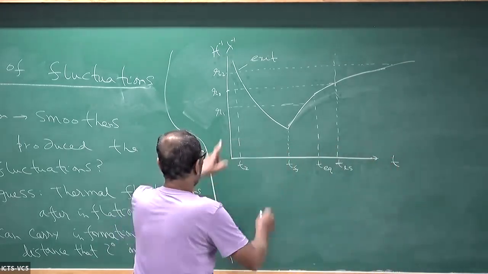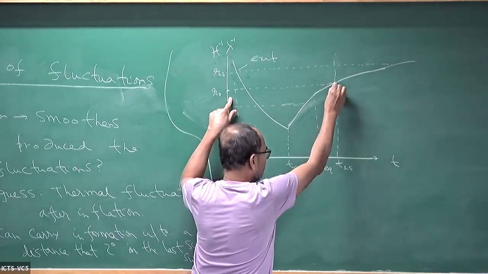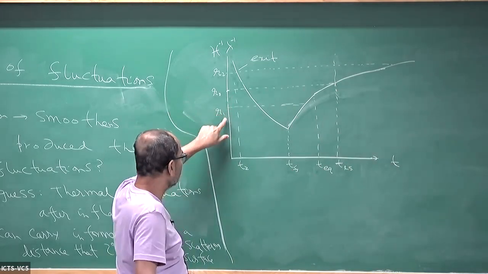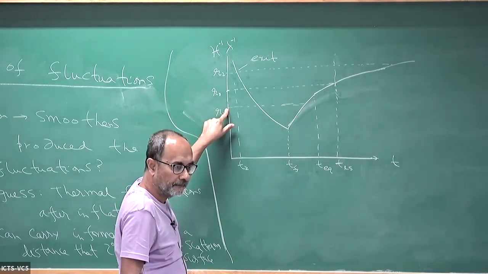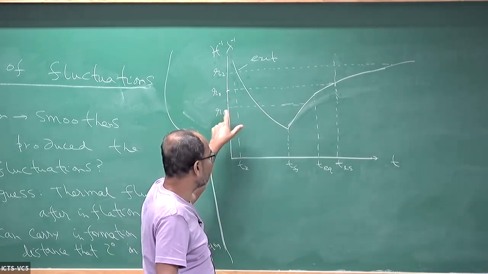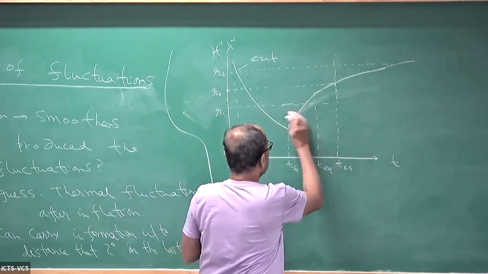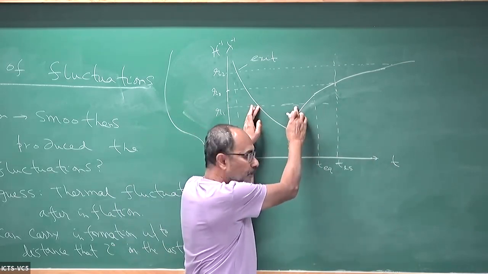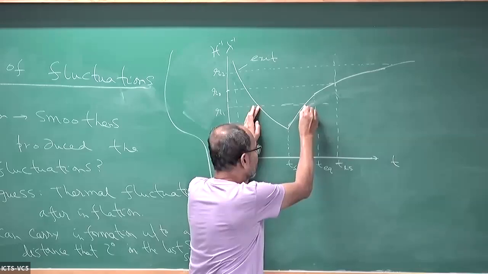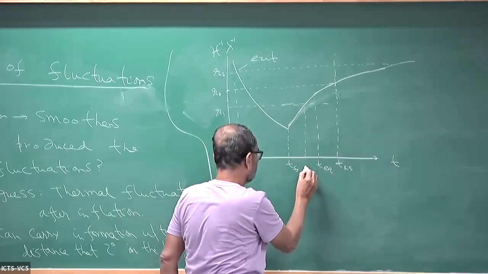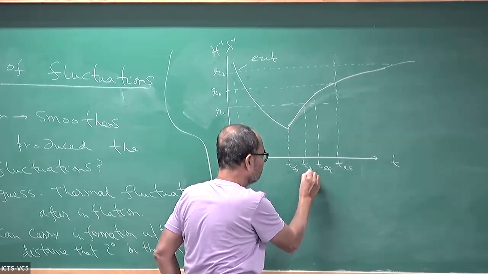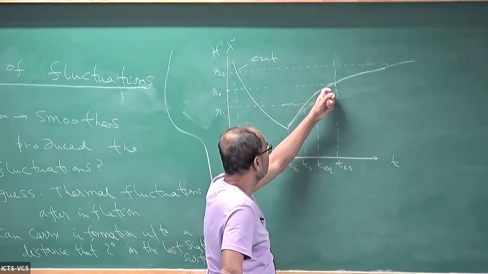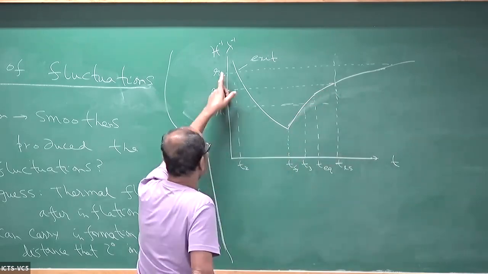Right. Now, what is special about R naught? This is what is cutting the last scattering surface, right? If you take any distance below R naught, say R1, what you see is that in this region, the fluctuations will not affect the R1 scale fluctuation, but between here and here, let's call this some other number, T3, between T3 and T_LS, the H inverse, lambda inverse, is above R1.